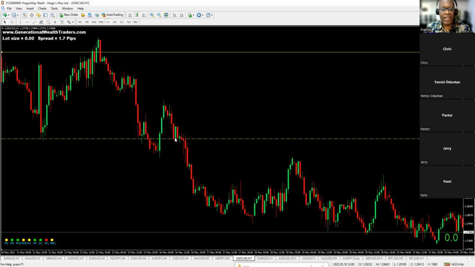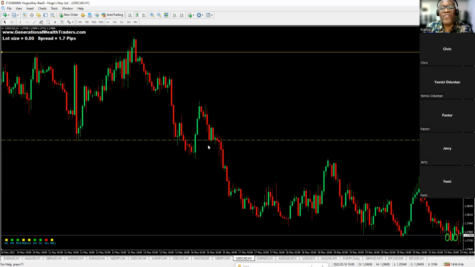So you entered here. So basically, just to make things clearer, that probably would help Yemisi's question earlier on. You enter the trade first before you start drawing. You are not so much drawing to enter the trade. You enter the trade first.